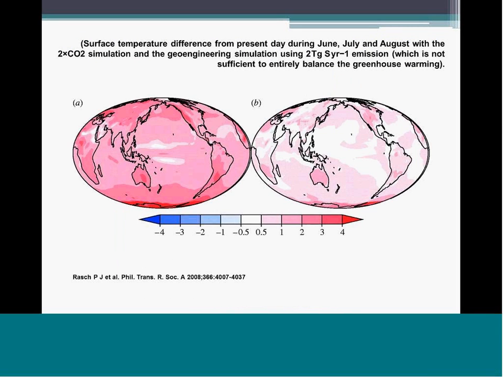The primary SRM option that we look at is something called cloud seeding. Cloud seeding seeks to increase the number of water-based nuclei, or water drops, in clouds. And as a consequence, it would brighten the clouds, it would increase their albedo, or reflectivity, and deflect more incoming solar radiation back out into space.